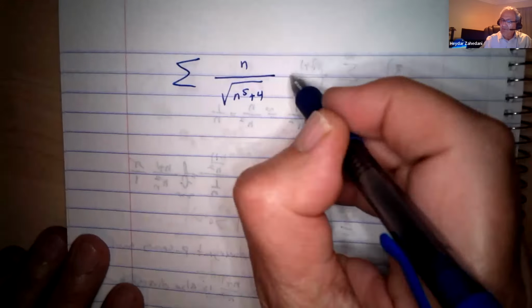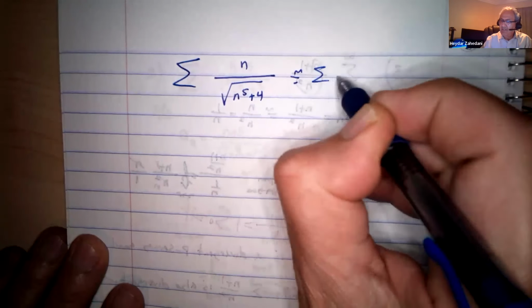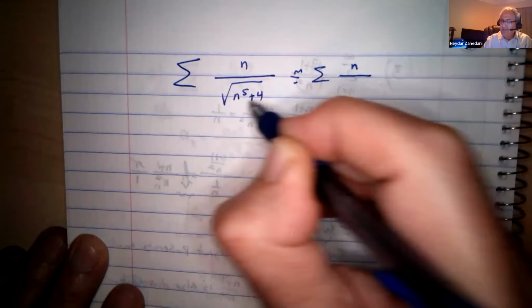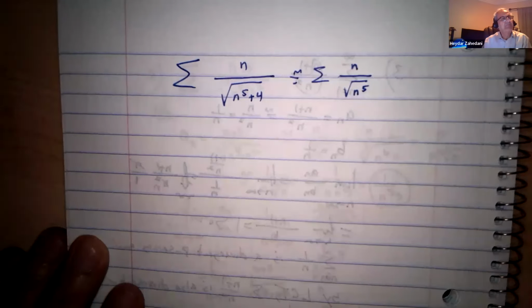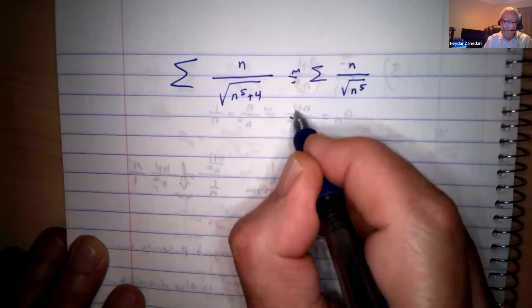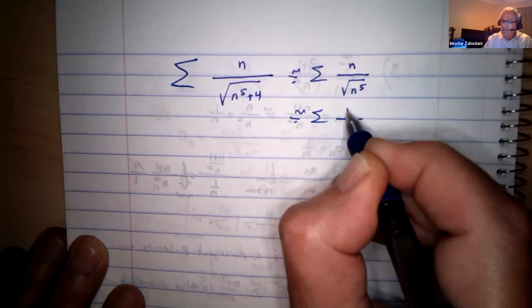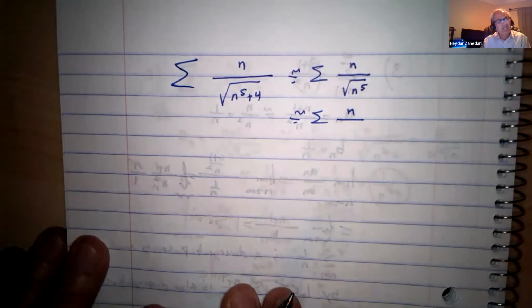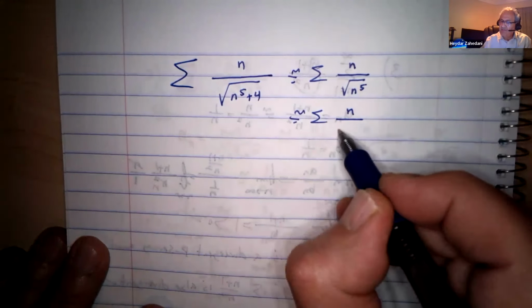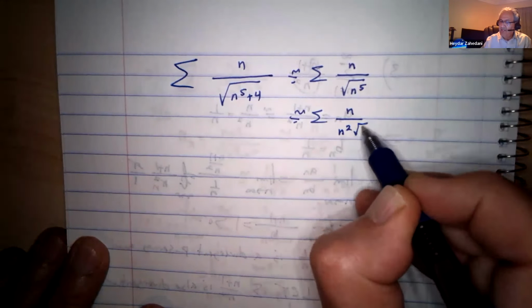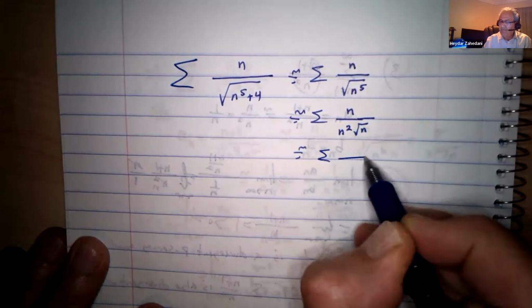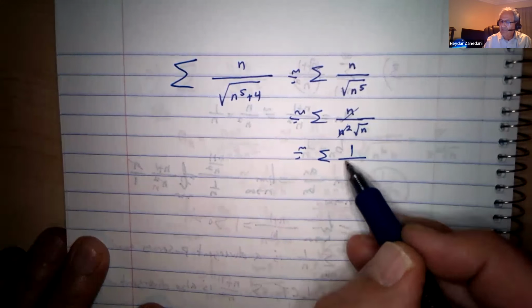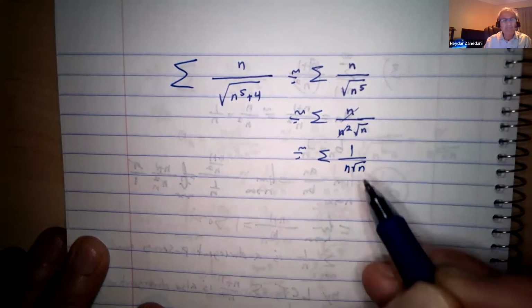You say, oh, if I shrink it, that give me n. This would give me n to the fifth. Then this would be sigma n over n to the fifth, which is n to the 4 times n, so it's going to be n squared, radical n. Sigma of n would cancel out, that give 1 over n radical n.